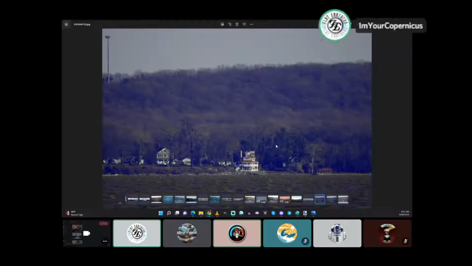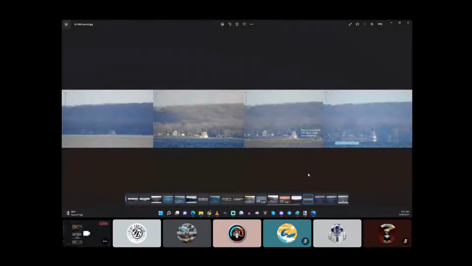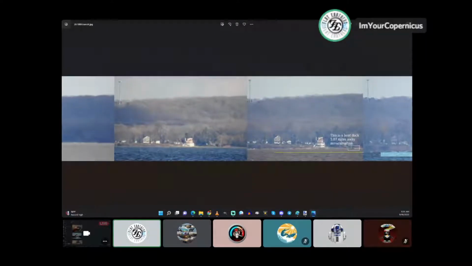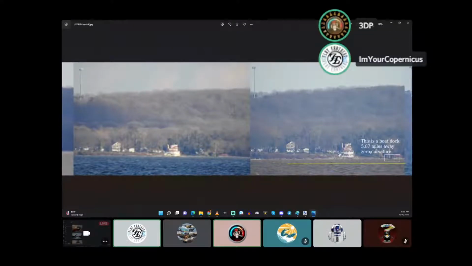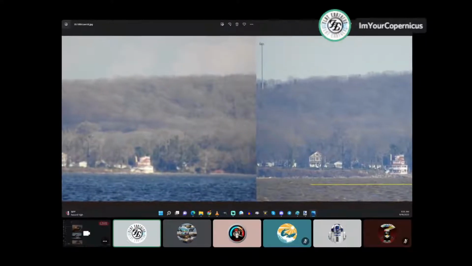Would you say it'd be fair to play with the levels and the hue and the saturation in a picture where there could possibly be glare, for instance? I don't have a problem with doing anything that you want to try to clear up your image. For instance, this is a highly refracted image because it's distorted, right?